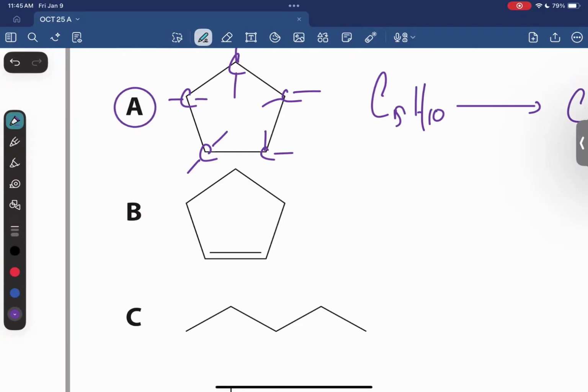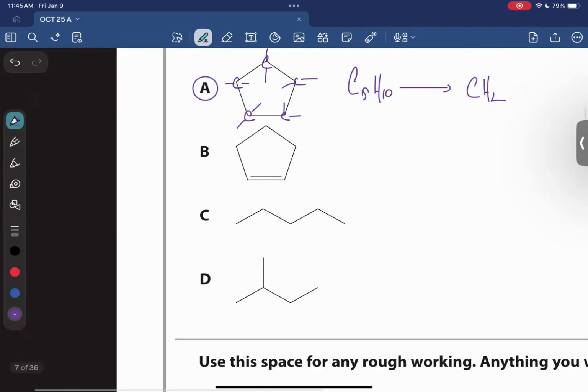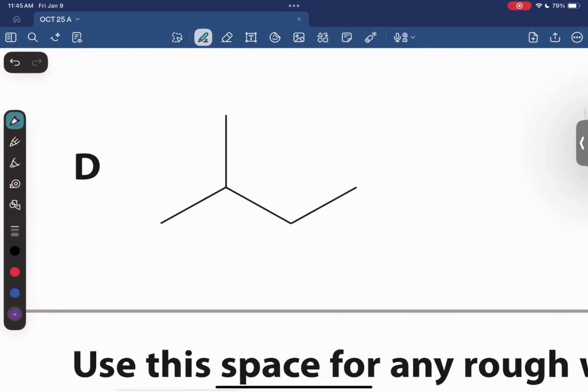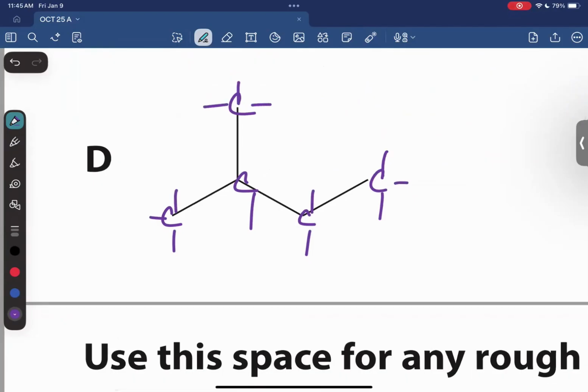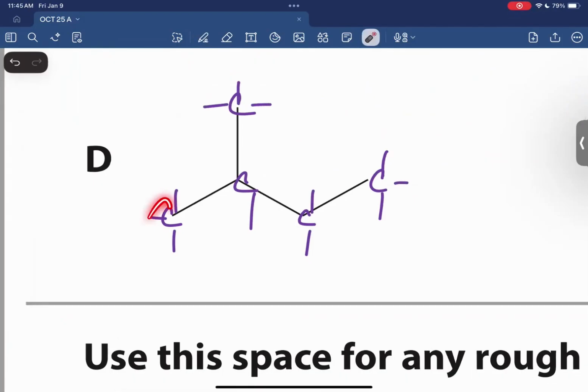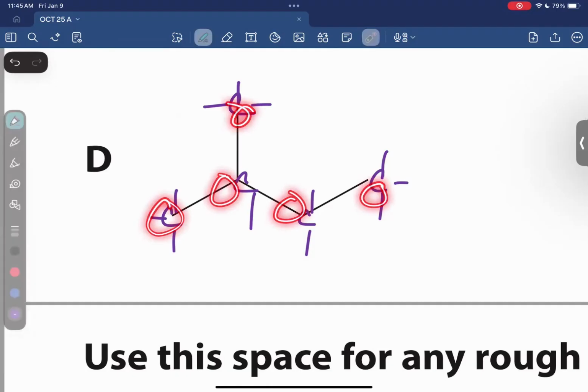So the molecular formula is different from the empirical formula for this A only, okay? Now, if you do the same thing for B, C, and D, the empirical formula and molecular formula for all of these would be the same, right? Now let's just check one more example. How many carbons are there? 1, 2, 3, 4, 5. We have 5 carbons, so C5.